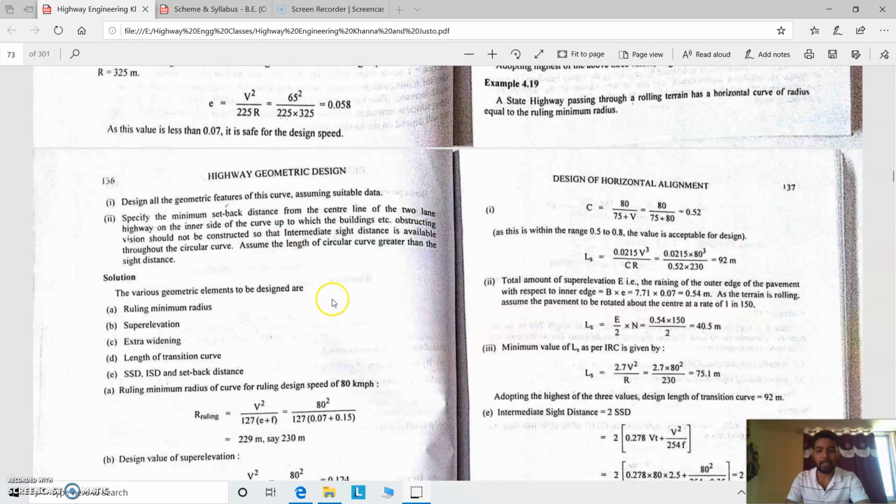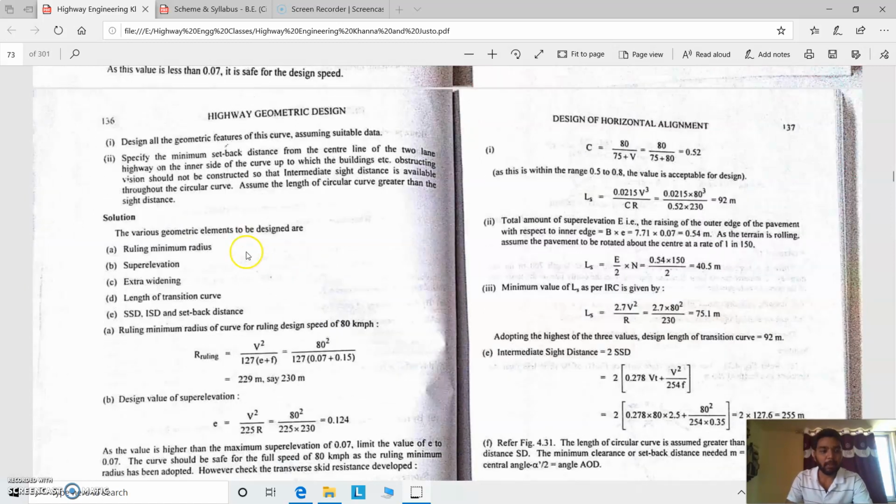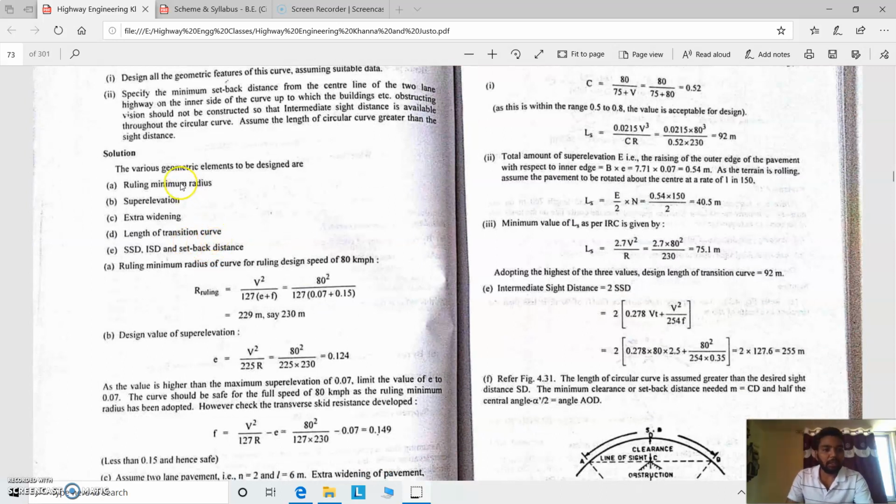So let us start with the elements. Geometric elements are rolling minimum radius, super elevation, extra widening, length of transition curve, stopping sight distance, intermediate sight distance, and setback distance. These are all the elements they have asked in the question.